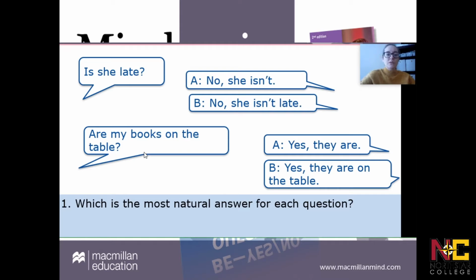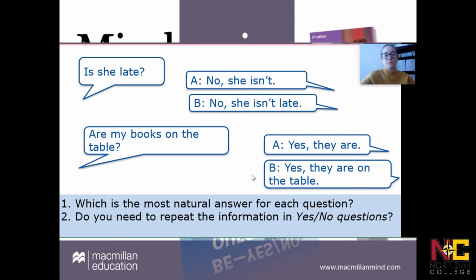So for both of these questions, you have A and B. Which is the most natural answer for each question? Is it A or is it B? Do you need to repeat the information in yes, no questions?